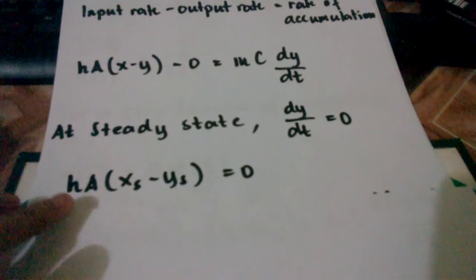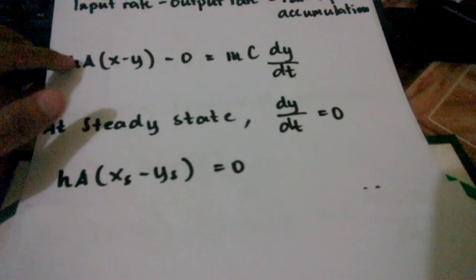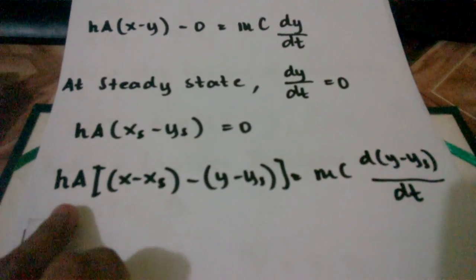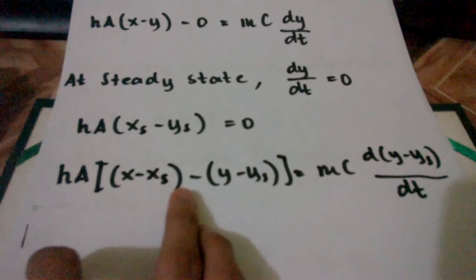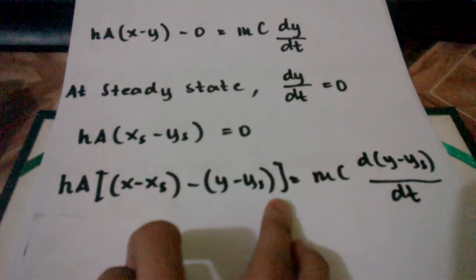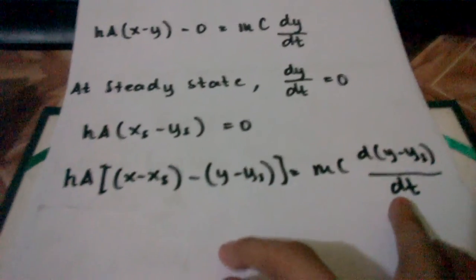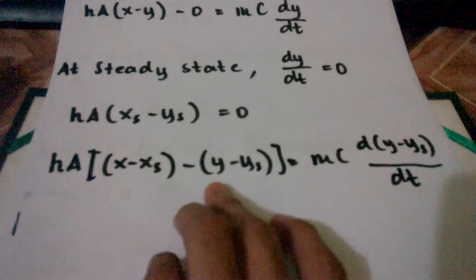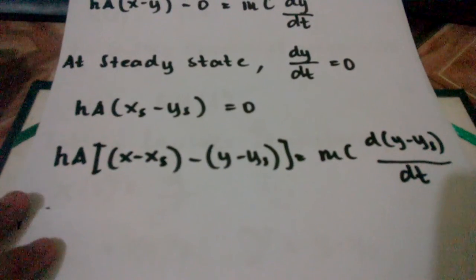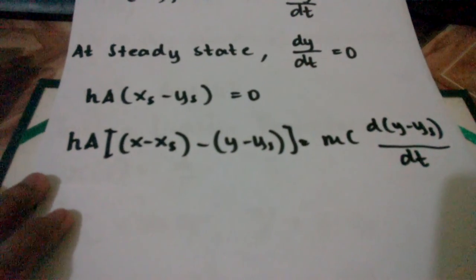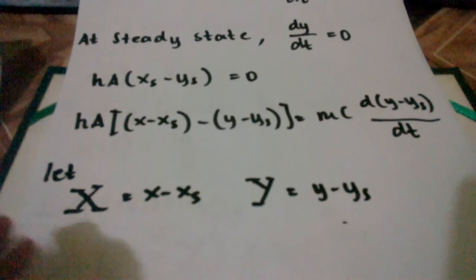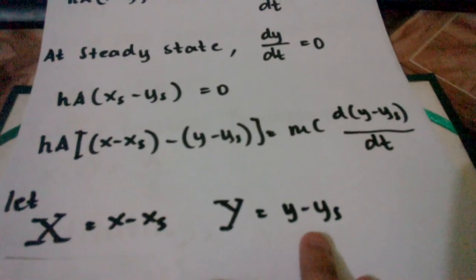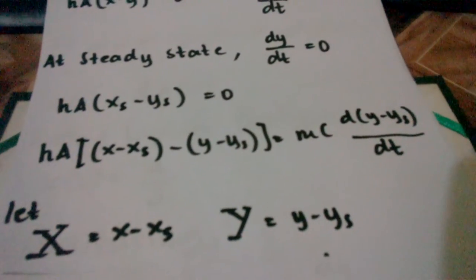Okay, so subtracting this equation from the previous equation, we have HA times x minus x sub s minus y sub s is just equal to mc dy over dt. This equation looks complicated, so let's simplify it by letting big X be x minus x sub s and big Y be y minus y sub s.